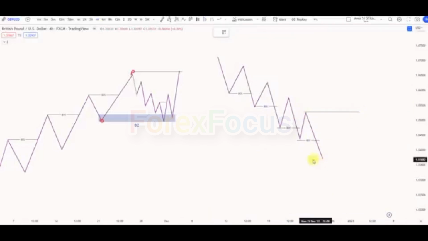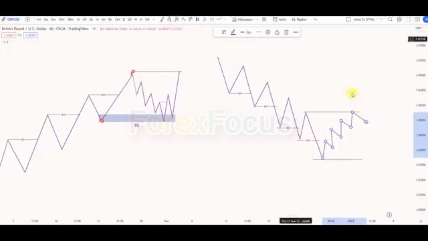Now you will mark your trading range. So the price is trading from this lower high to this lower low, and then you got to go to the lower time frame, look for the market to create a higher high, higher low, pretending like it's going up.